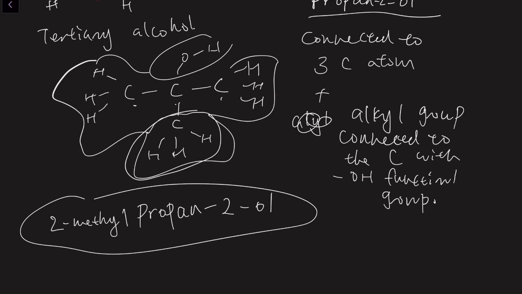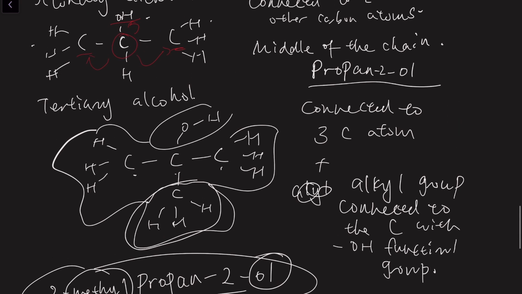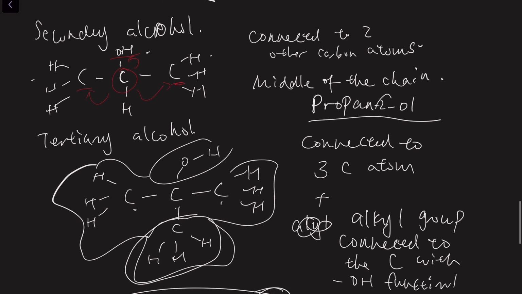So whenever you have a methyl group and the hydroxyl group both on the same carbon, then you know you get a tertiary alcohol. If it's in the middle, you can tell from the positioning number, it's a secondary alcohol.